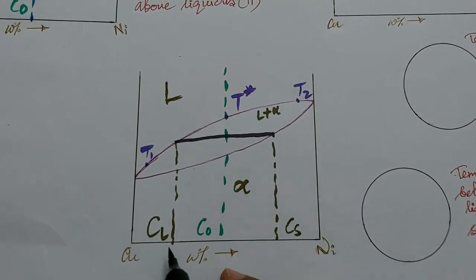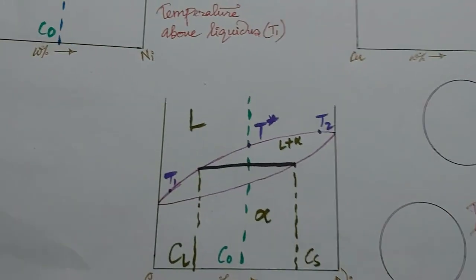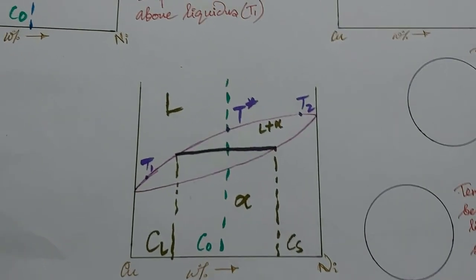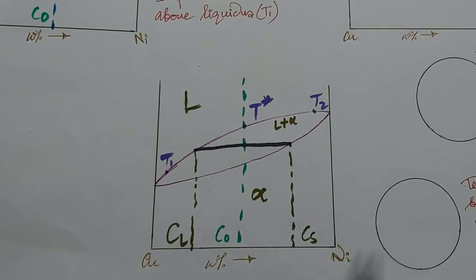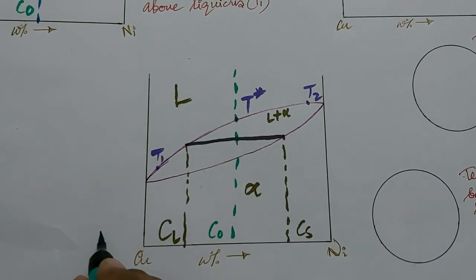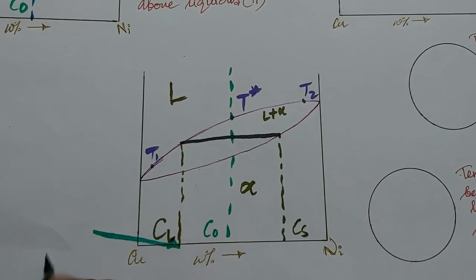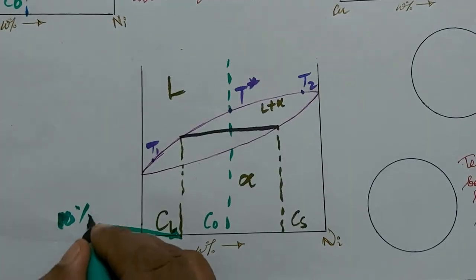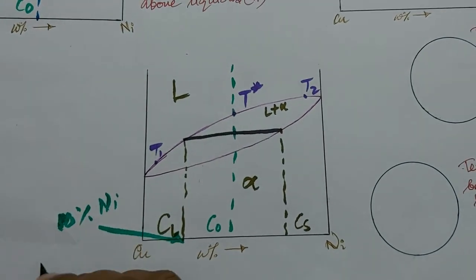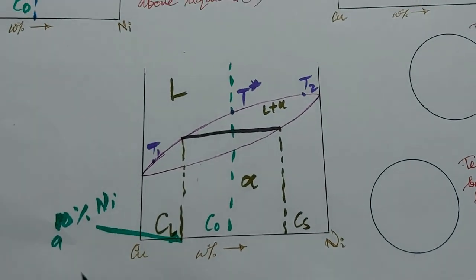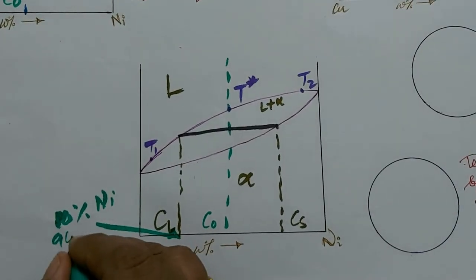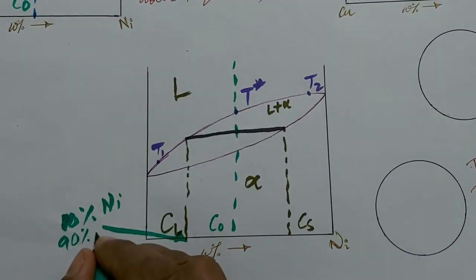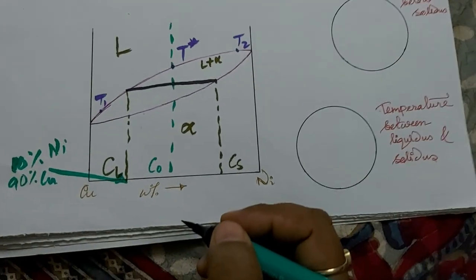Let us say at this point the composition Cl has 10% of nickel and 90% of copper.